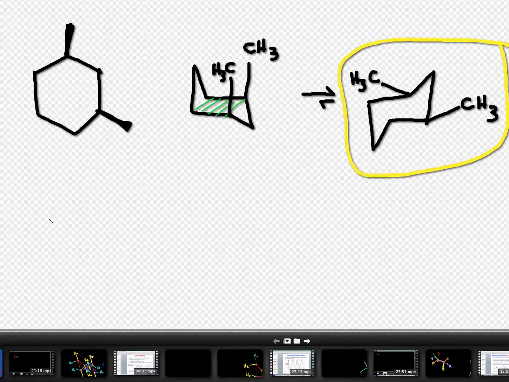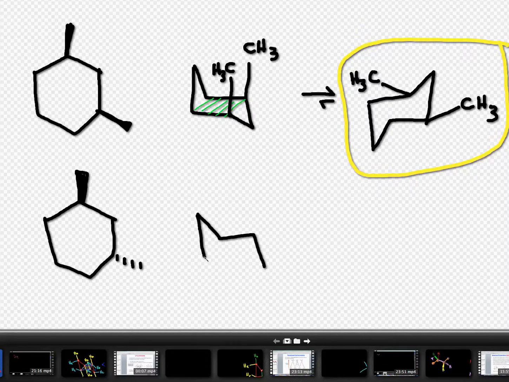Let's now look at 1,3 trans. If you've really been paying attention, you know the answer already before we even draw this. Again, let's make our equator, draw our plane. That's not a good color.